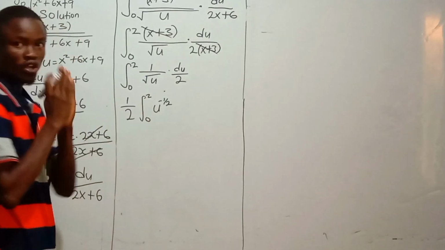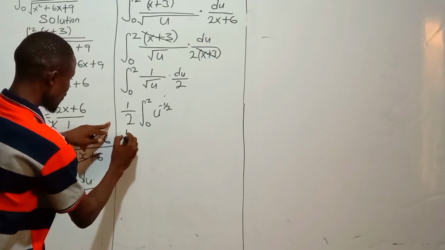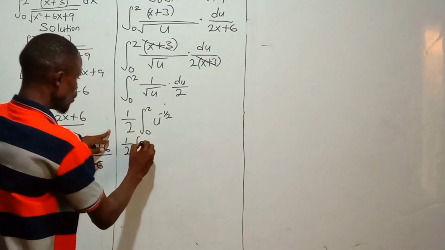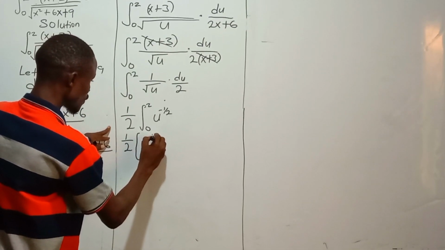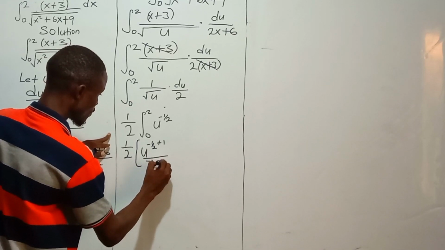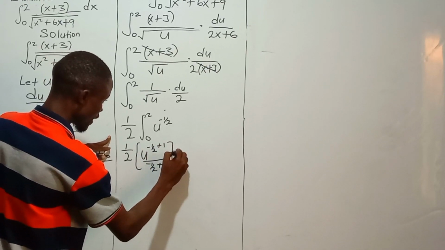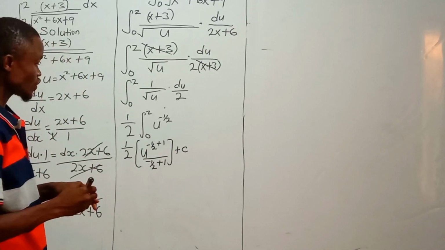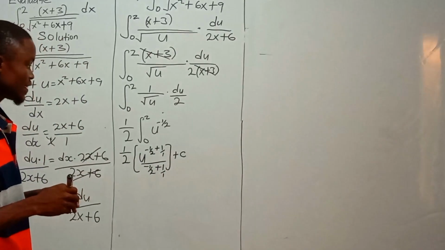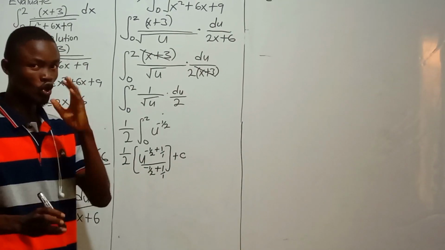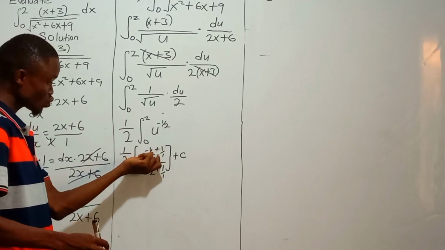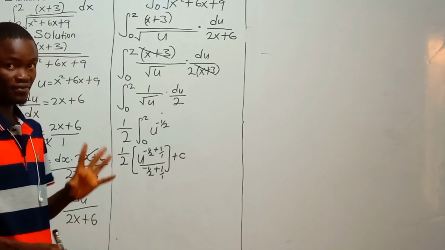Forget about these limits, we are going to make use of them later. So you say half, brackets open, u raised to the power minus half plus 1 divided by minus half plus 1, brackets close, plus c, which is the integral constant. If you use your fraction concept, the power is going to remain half.